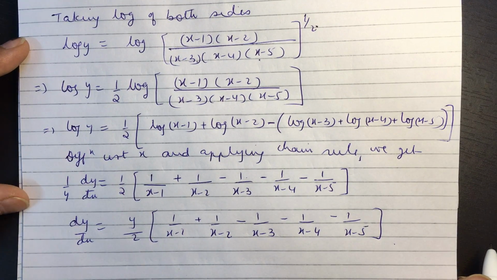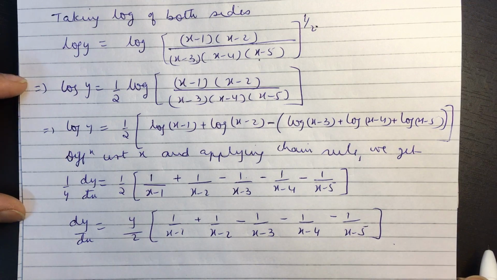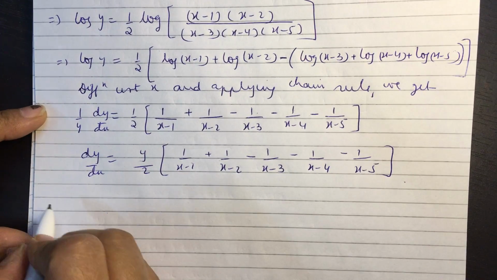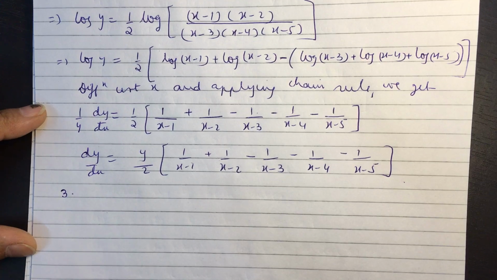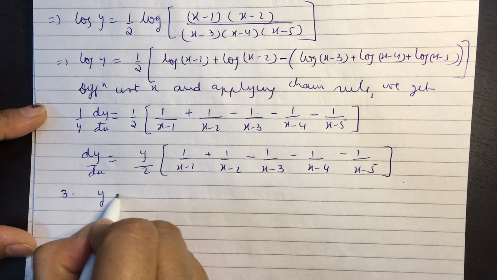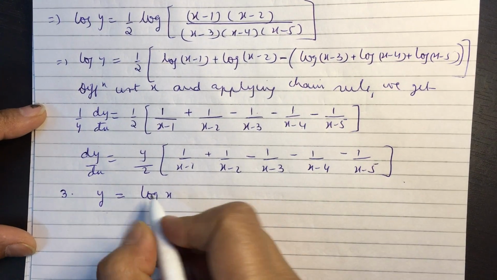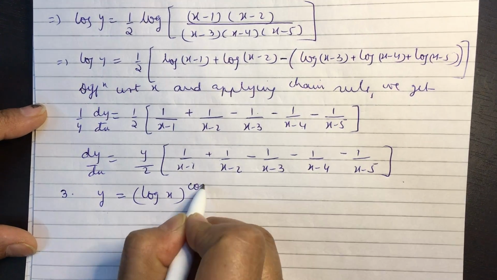Same way you can try out question number 3 and 5. So, let's quickly do question number 3. Question number 3 says y is equal to log x whole raised to the power of cos x.